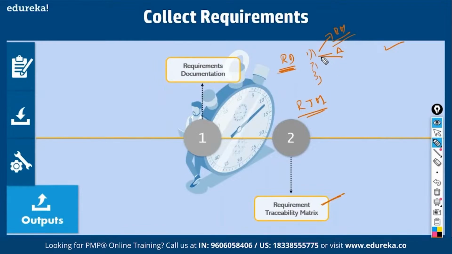Then for this particular prototype, you would have done a lot of tests: test cases, test scenarios, test conditions, test results. You have to map it through all these, and only then you're going to sign off. That is called a requirement traceability matrix. So when you collect requirements, you also stipulate the template in which you'll be demonstrating compliance with requirements to the stakeholders later on, so that you'll get a formal acceptance.